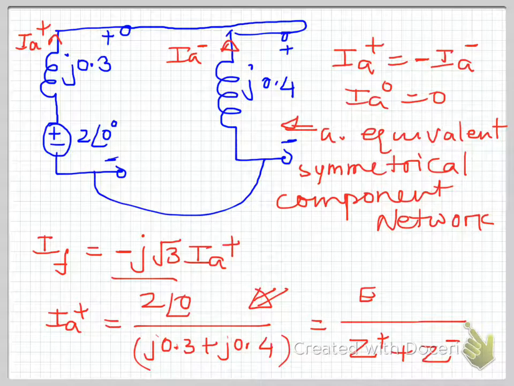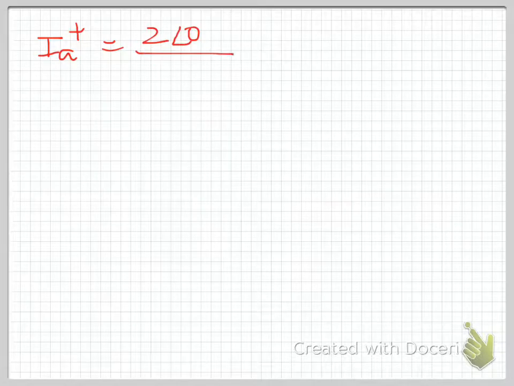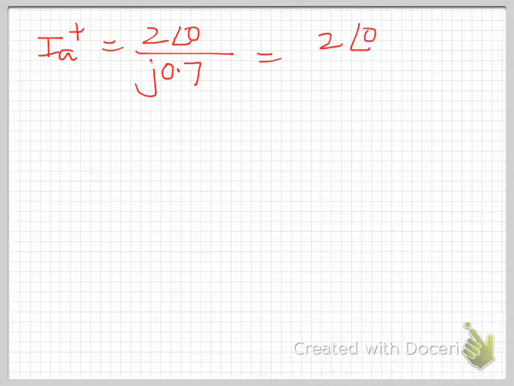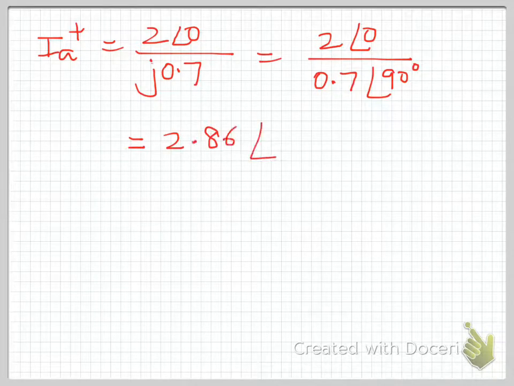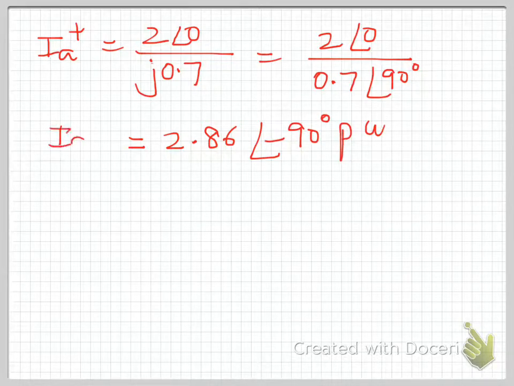How you write this in its generic form: IA positive equals 2 angle 0 divided by J0.7, and again J is 90 degrees, so 0.7 angle 90 degrees, and if you do the calculation it brings you 2.86 angle negative 90 degrees in per unit. So that's your IA positive.